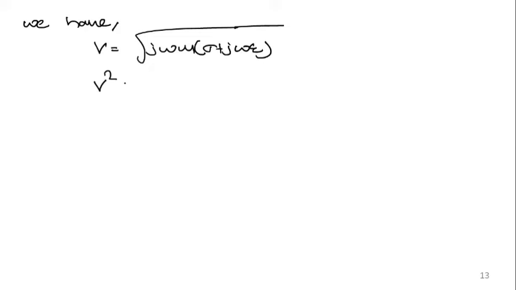Okay. So gamma square is equal to j omega mu (sigma plus j omega epsilon). So that's also clear for us. Now you know that gamma is equal to alpha plus j beta, right? So for gamma we substitute alpha plus j beta.